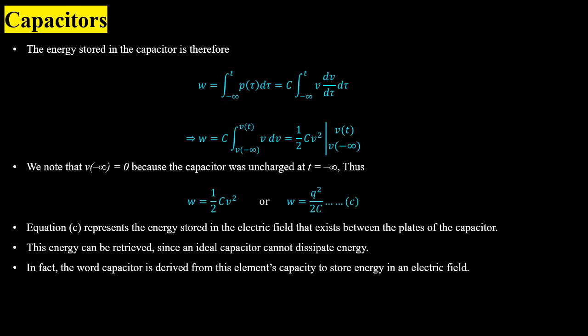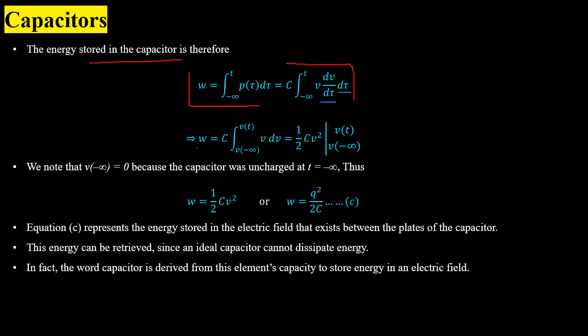Now the energy stored in a capacitor is obtained by integrating the power of the capacitor, where power is a product of capacitance, voltage applied to the capacitor, and rate of change of voltage.